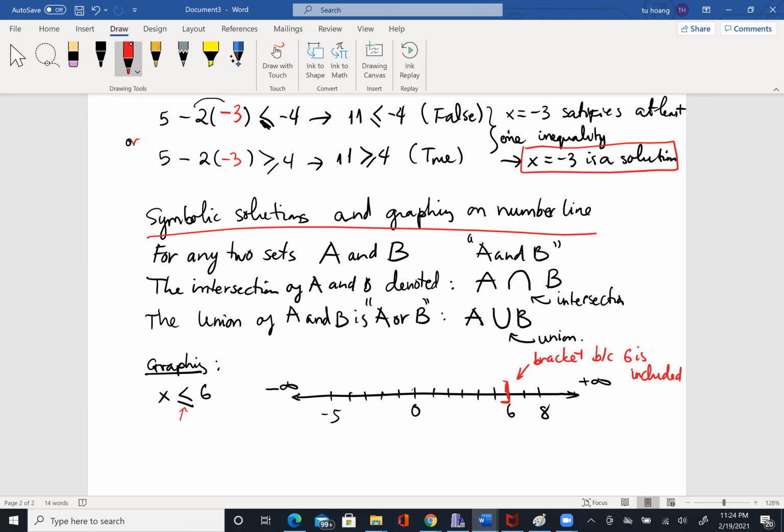Since 6 is included, you have the bracket here.